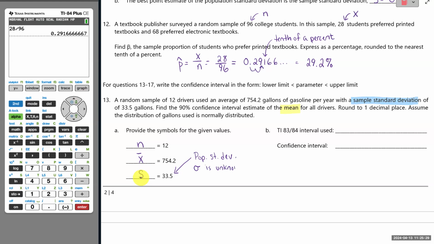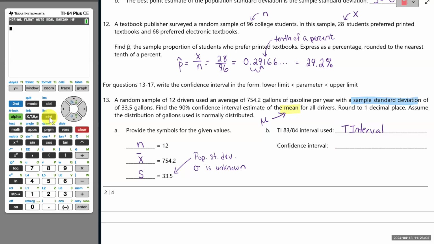It is unknown to us. So when that happens, we need to pick our t interval. So the confidence interval will be based on the t distribution. So when the population standard deviation is unknown, and you are estimating mu, the population mean, we either pick z or t. And if you don't know sigma, then it's a t.